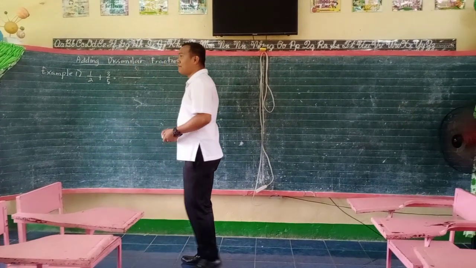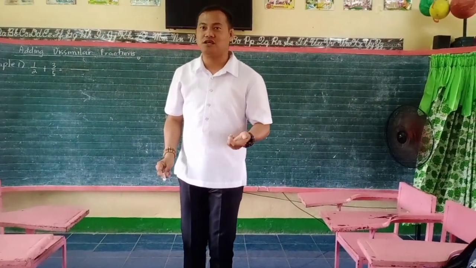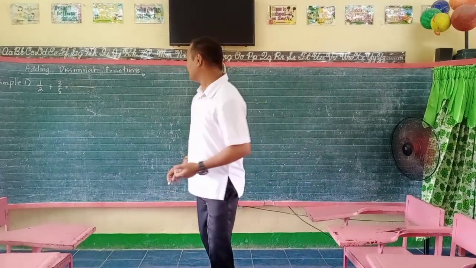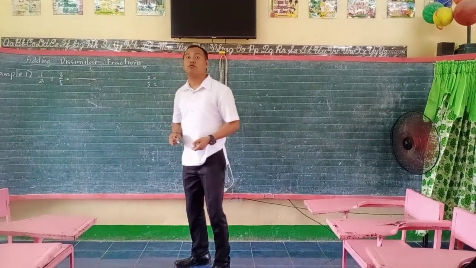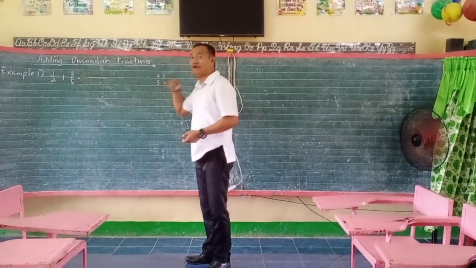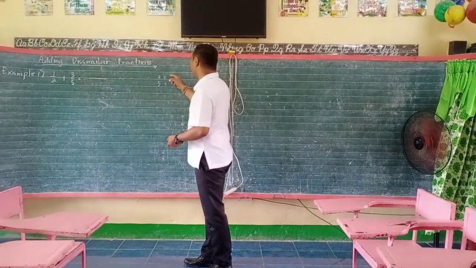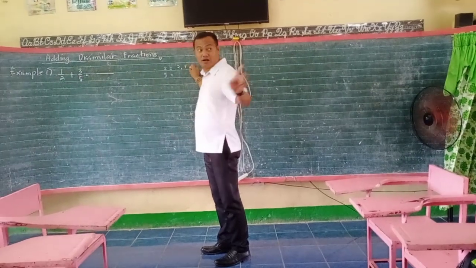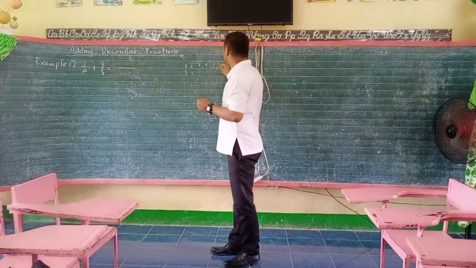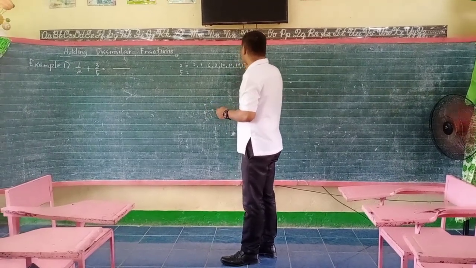Remember our lesson last meeting on how to find the LCM? We get the least common multiple of 2 and 5, which are our denominators. The multiples of 2 are 2, 4, 6, 8, 10, 12, 14, 16, and so on.